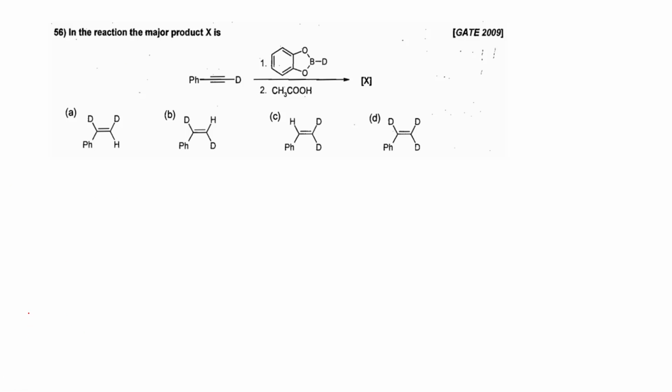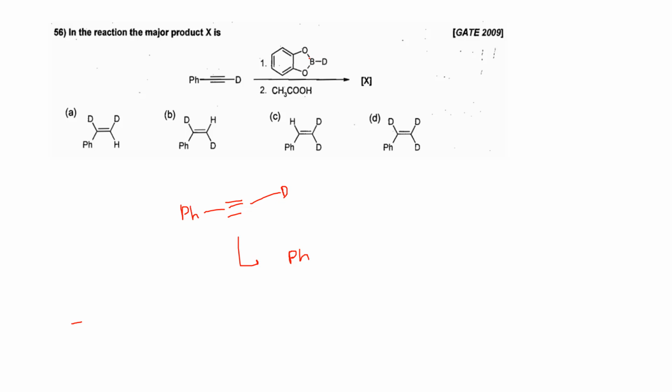So let's start. Between these two carbon sides, which one is less hindered and which one is more hindered? Obviously this carbon is less hindered and this one is more hindered. After the reaction, now it has a D in this boron, so there is a BD bond, not a BH.